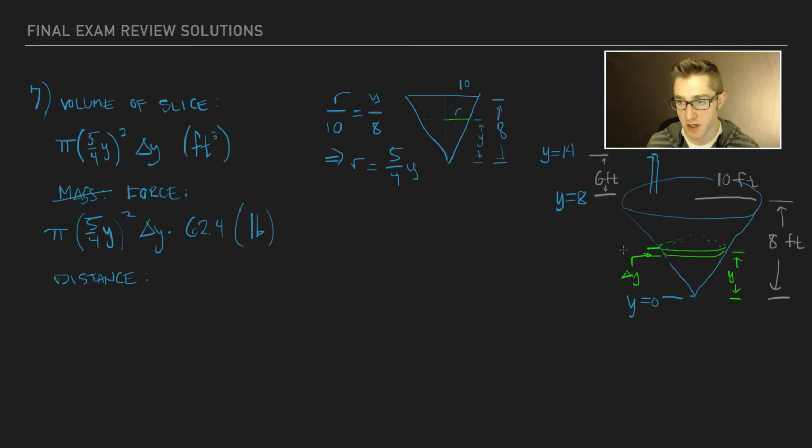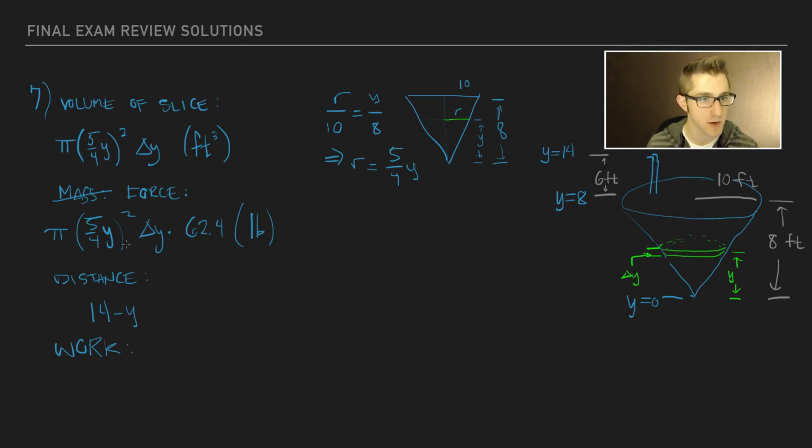The distance that it has to go is from a position of y from the bottom of the cone all the way up to a height of 14. So the distance traveled is 14 minus y, meaning the work that we do on this slice is the product of the force and the distance.